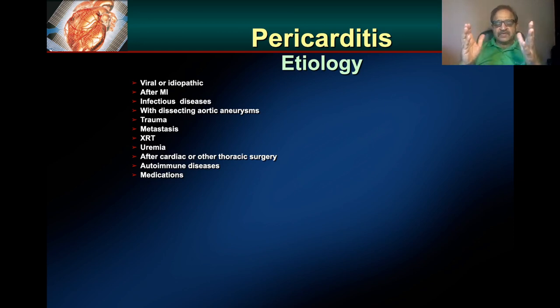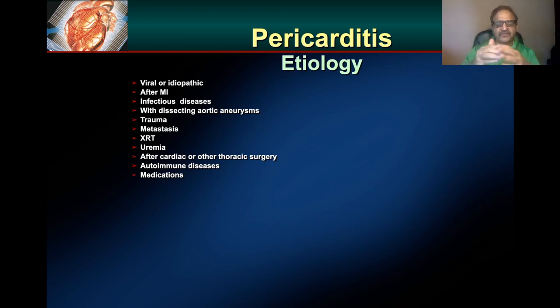The commonest cause of pericarditis is idiopathic or viral. But patient can suffer from pericarditis on day 2 or 3 of acute myocardial infarction or after a week of acute myocardial infarctions.